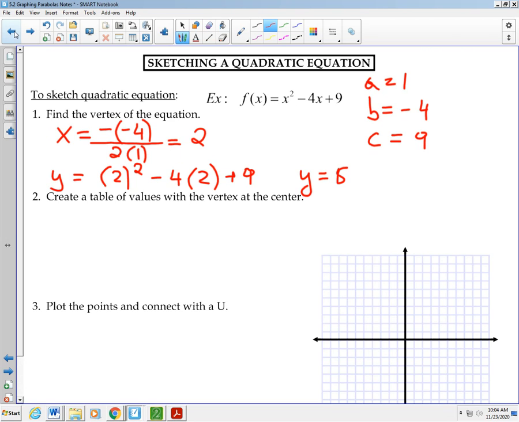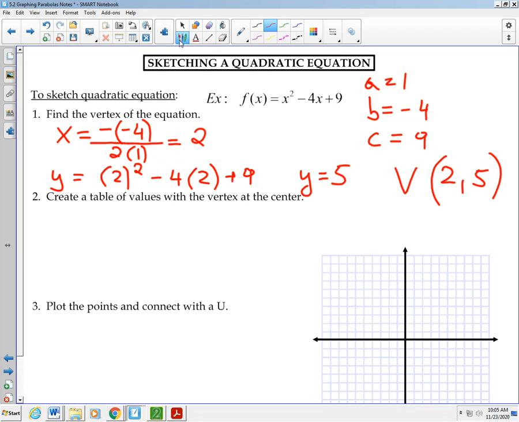So your vertex should be, I'm going to use letter V, 2 comma 5.